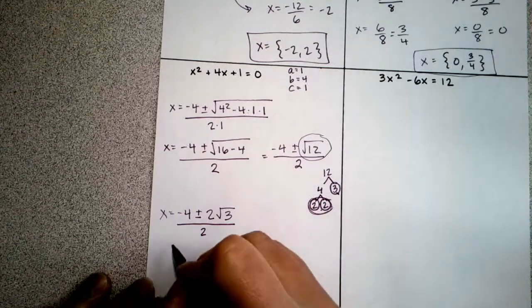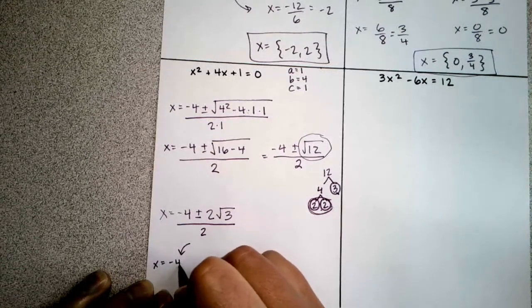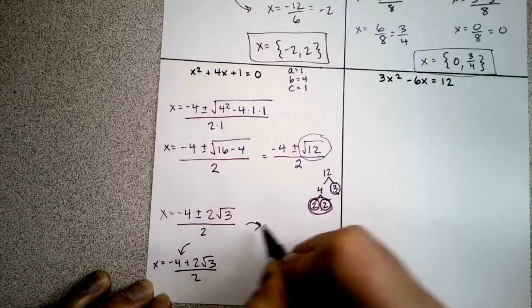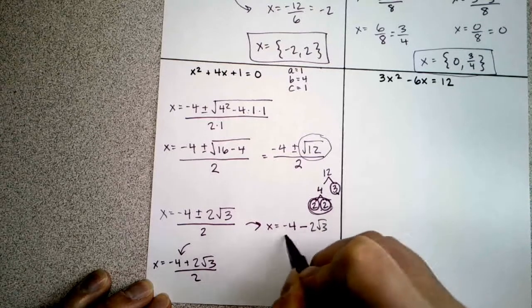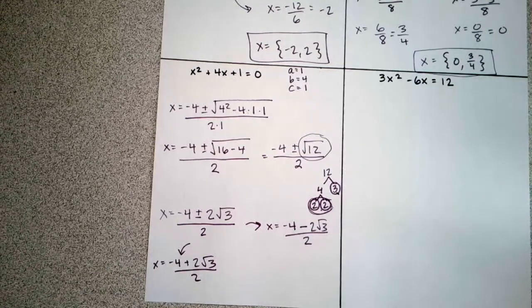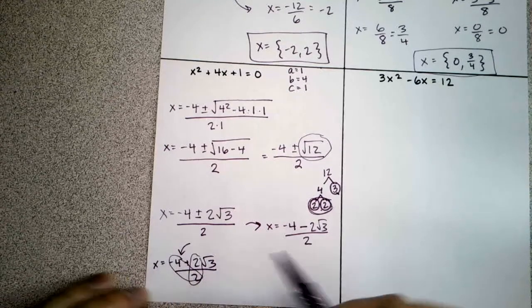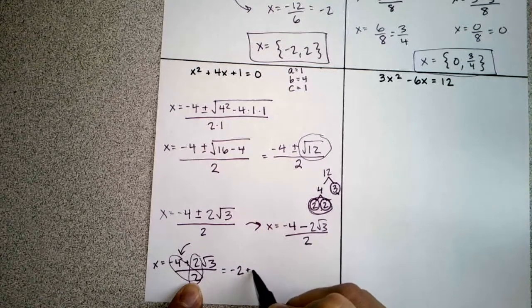Now if we split into 2 equations, we have -4 plus 2 square roots of 3 over 2, and we have x equals -4 minus 2 square roots of 3 over 2. And then to simplify these, we can divide everything by 2. So you do -4 divided by 2 and 2 divided by 2. So this becomes -2 plus the square root of 3.